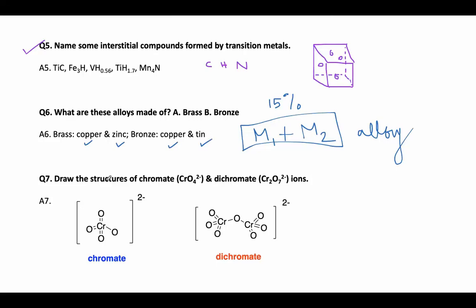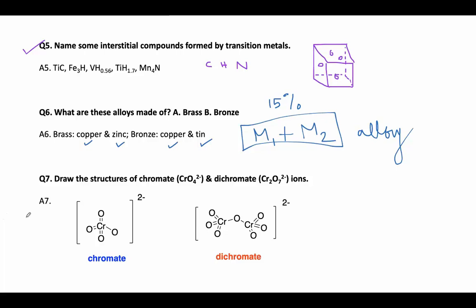Now we shall move to the next question, which is about different important transition metal compounds. The first one is the typical chromate and dichromate solution. Here we are giving the two structures, so draw the structures of chromate and dichromate ions.